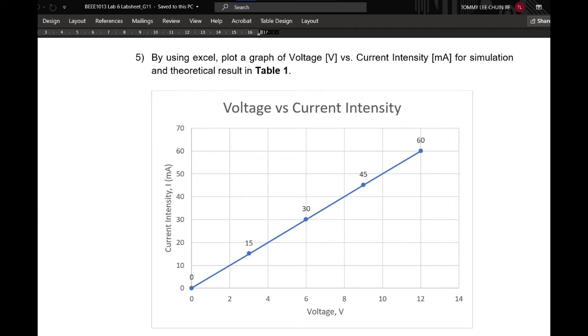So the line shows that it is directly proportional. As for question 6, the Excel graph, I will hand over to Yamuna to give us an explanation on our findings.